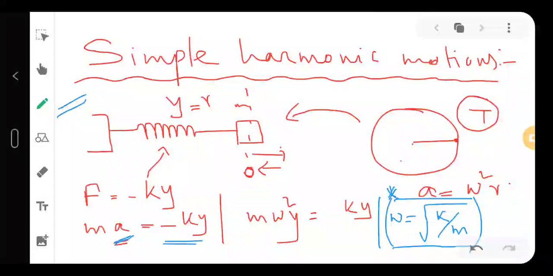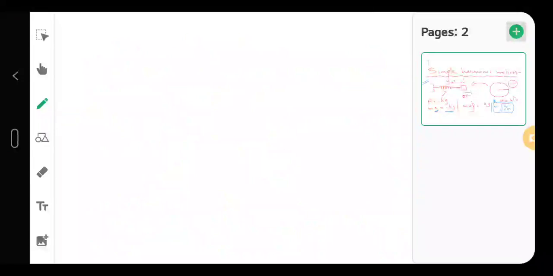So this k will not be called a spring constant for all those other cases, but it will be a coefficient, and you can say that it is a restoring constant. Just to remind you, even when there is no spring or something, we are still writing that formula.